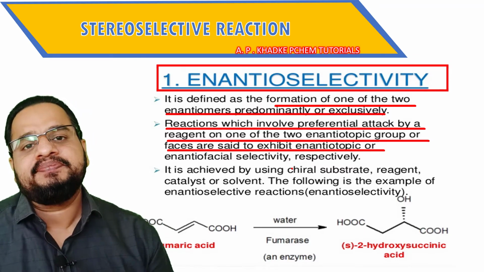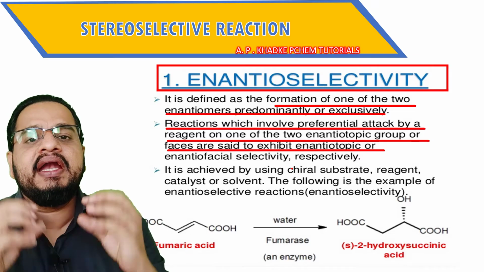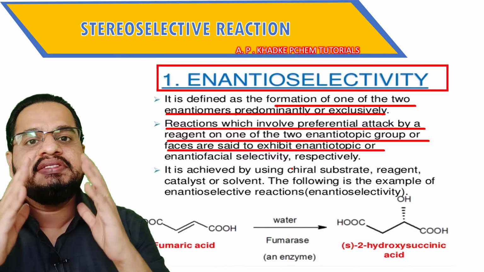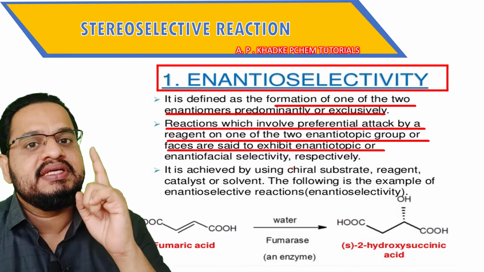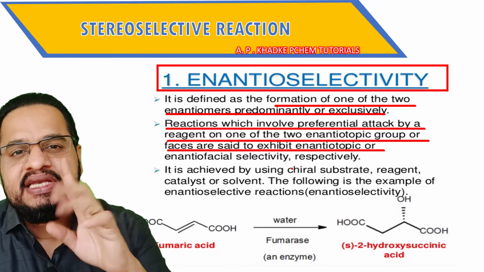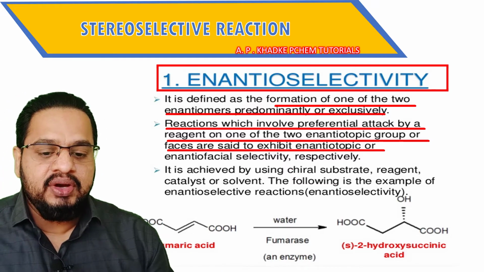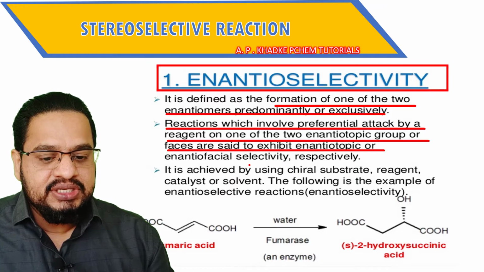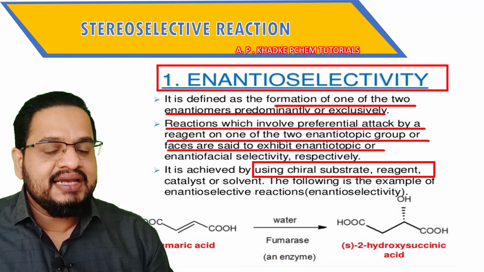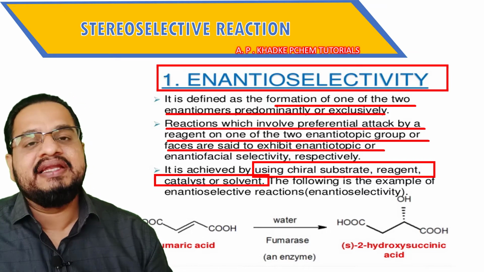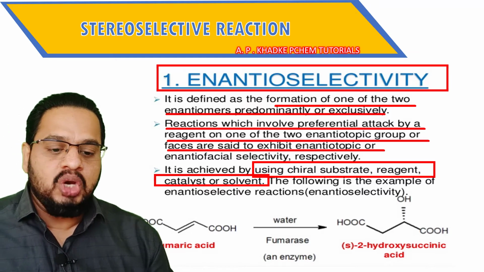Nothing, just the point that the end product is enantioselective, the enantiomer which is specific, which is selective in nature. It is achieved by what? You know how we are going to achieve it. It will be achieved by using chiral substances, chiral reagents, even a chiral catalyst or solvent.